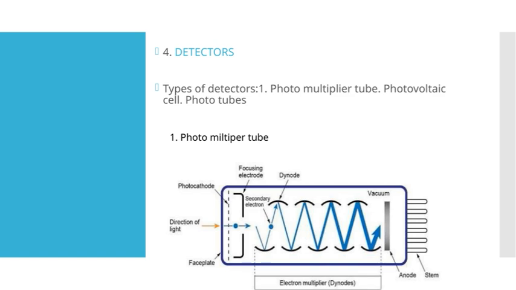Lastly, we have phototubes, which are similar to photomultiplier tubes but might differ in design and specific use cases. Understanding these detectors helps us choose the right one for accurate and efficient measurements, aligning with our overall goal of precise detection in optical systems.